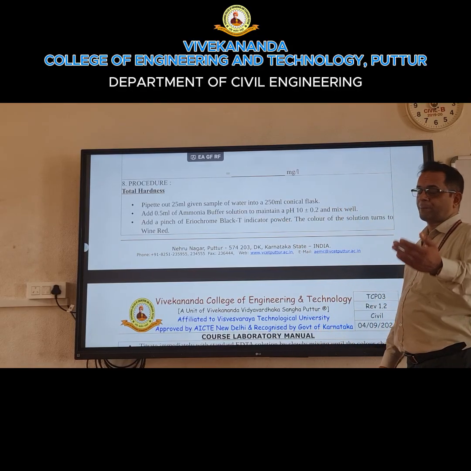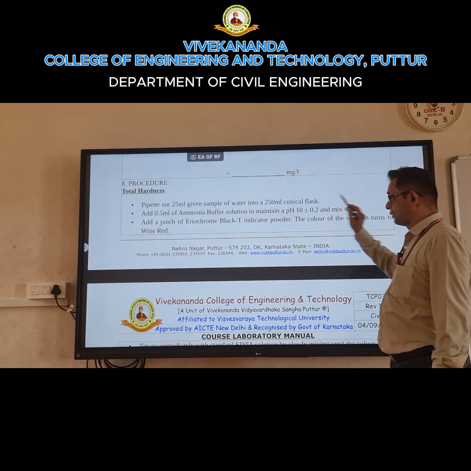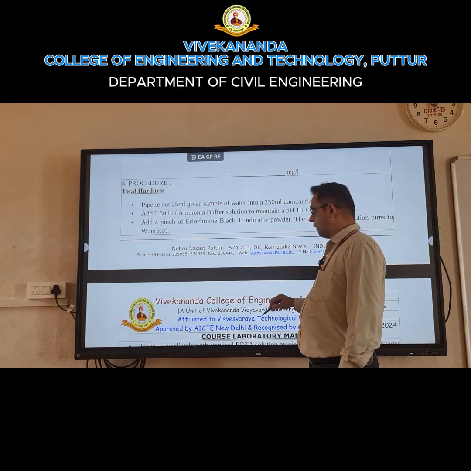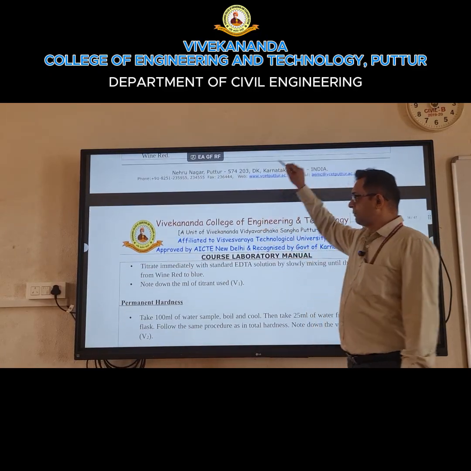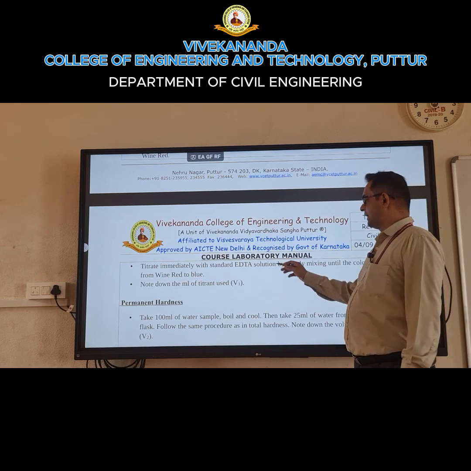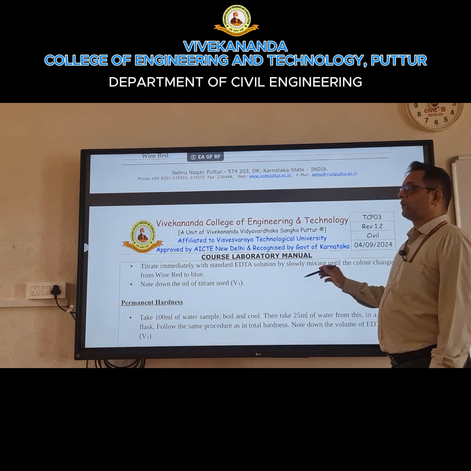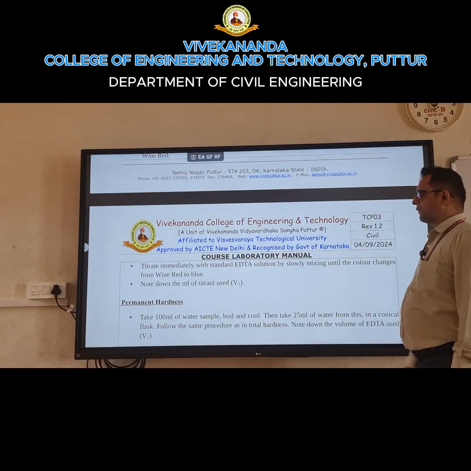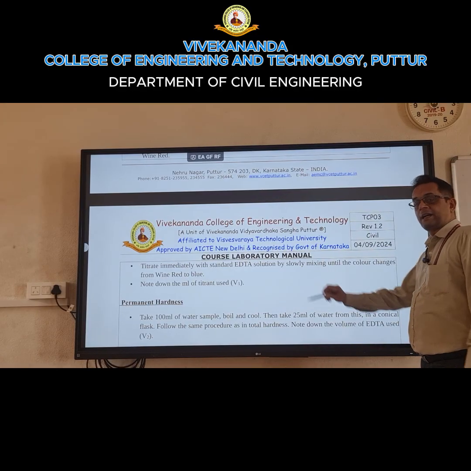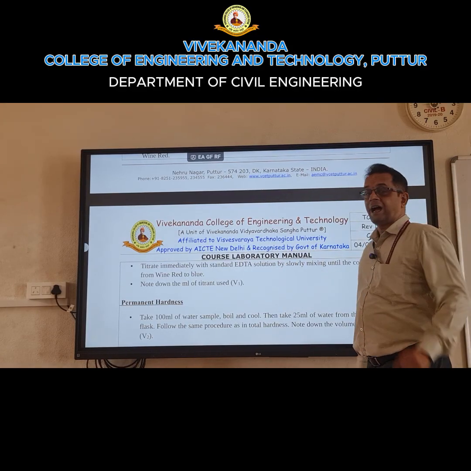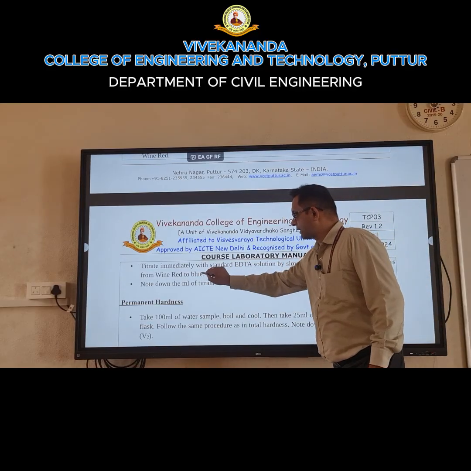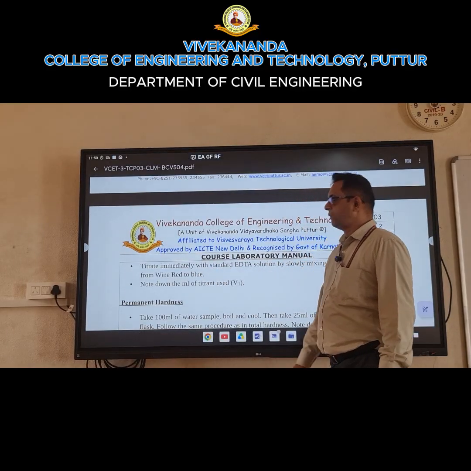The color of the solution turns wine red. Then in the burette, I will take standard EDTA solution. The sample in the conical flask is titrated with EDTA solution until the wine red color turns blue.